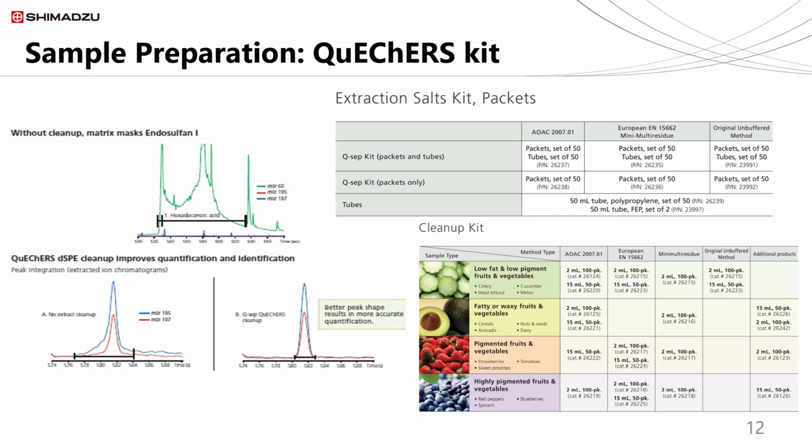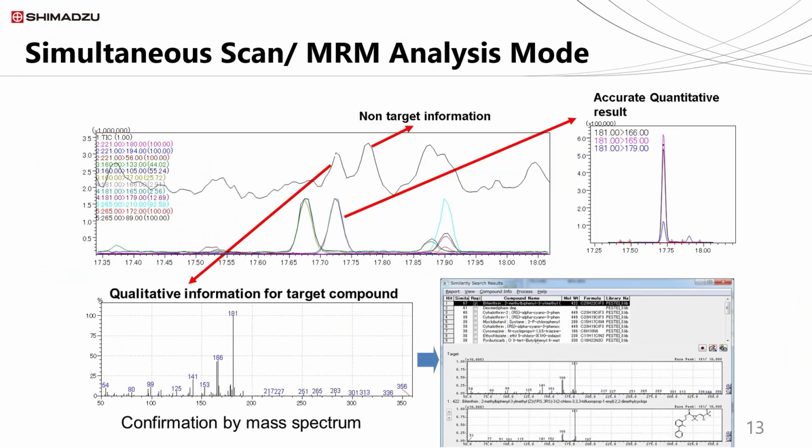These are different combinations of extraction salts and cleanup kits available. Based on the commodity as well as matrix to be extracted, we can select a proper salt for extraction as well as a proper cleanup solution. There might be many trials and errors involved in optimizing sample preparation.